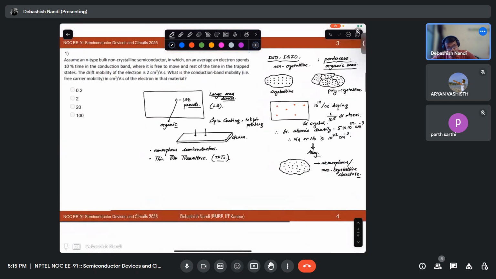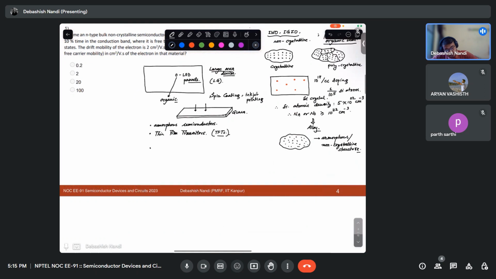for example, in the courses at IIT Kanpur, if you are enrolling for a master's in microelectronics and VLSI, you will be given the option to choose this kind of organic or flexible electronics.